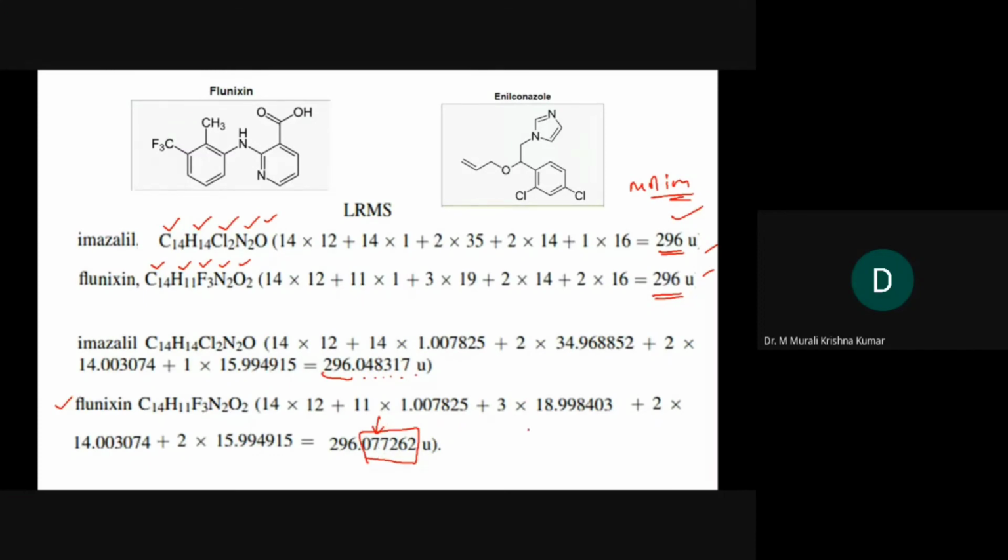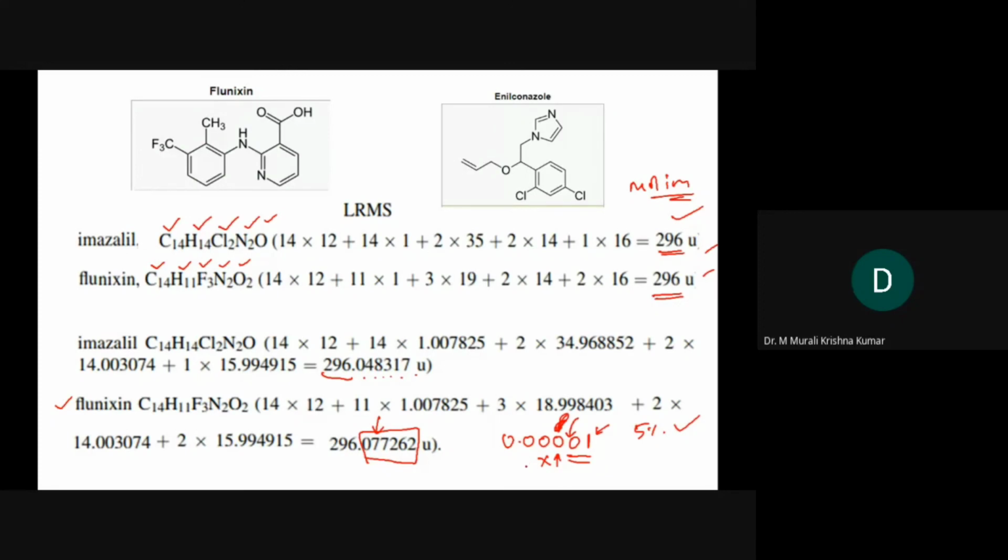In most HRMS, high resolution mass specs, we get accuracy at the 5th digit. So if you take some error, you can have error at the 4th digit or 5th digit, but not at the 3rd digit or second digit.